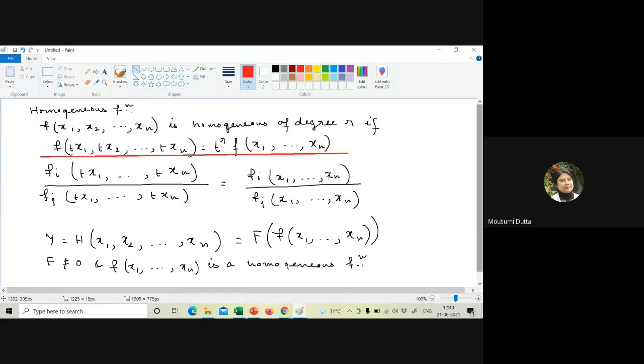This implies slopes of the level curves, that is isoquant here, are the same along every point of the given ray out of the origin.